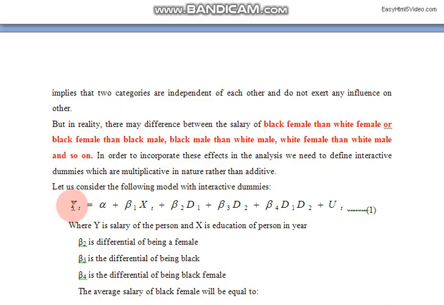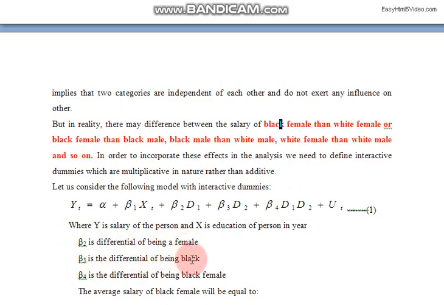In order to incorporate these effects, we define the following model where yt is again the salary, xt is the education, D1 is the person being male or female, D2 is the person being black or white, and D1D2 represents that the person is black and female. Beta 2 shows that the person is female.